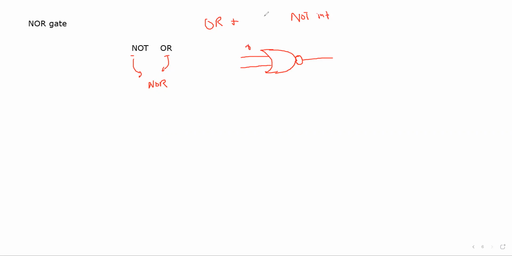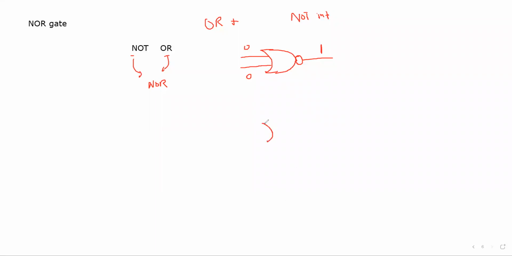Inputs 0, 0. What is the output of OR gate? 0 plus 0 is 0. But then it passes through inverter. So what will it make? It will make it 1. So the output will become 1.